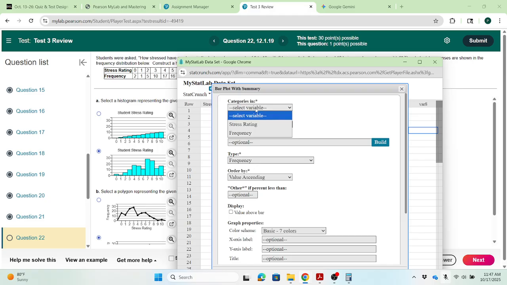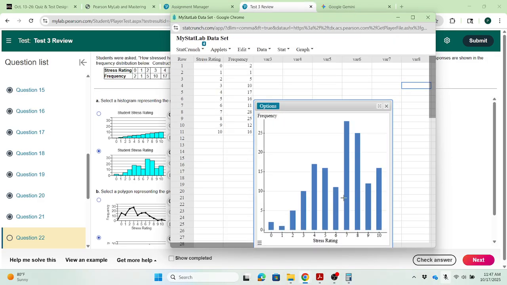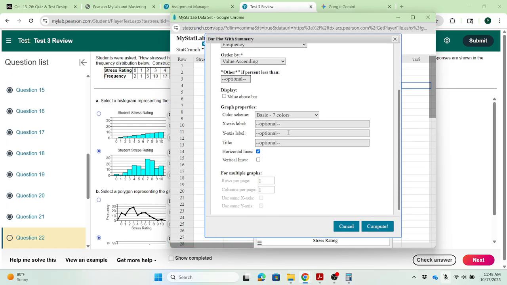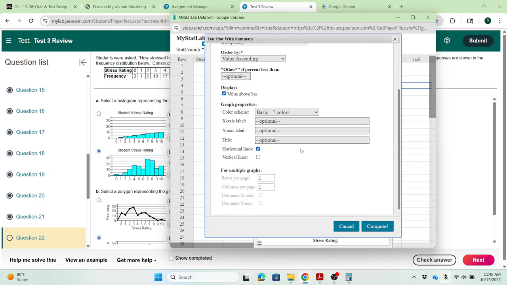You select your category, like stress rating, on the x-axis and frequency on the y-axis, and then you just compute and it gives you the histogram with the frequency. You can compare this with the given one. Here there is no separation, so you can also choose that, maybe with the value above bar option.